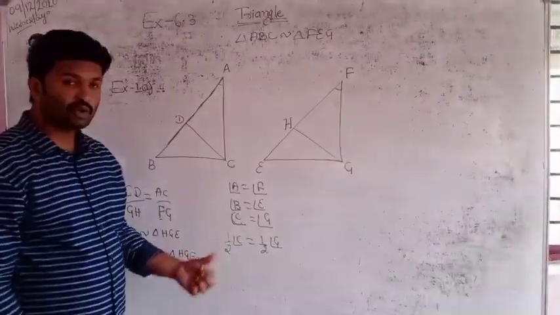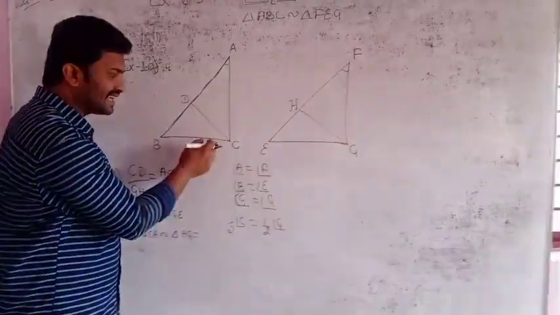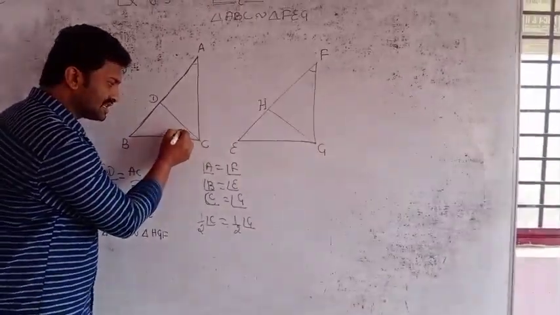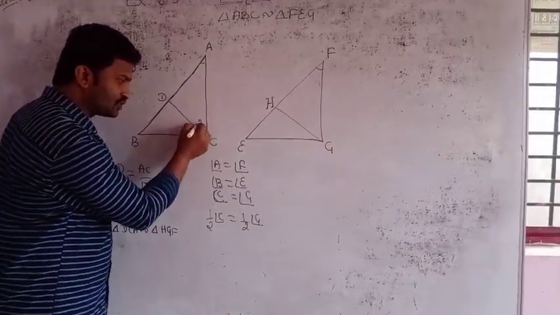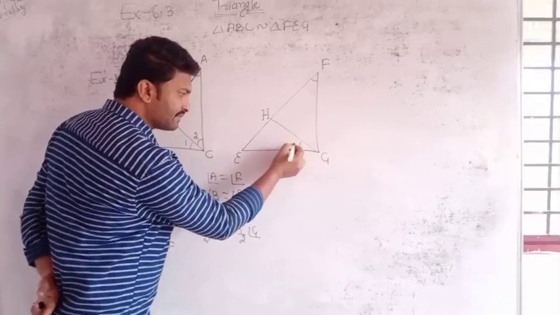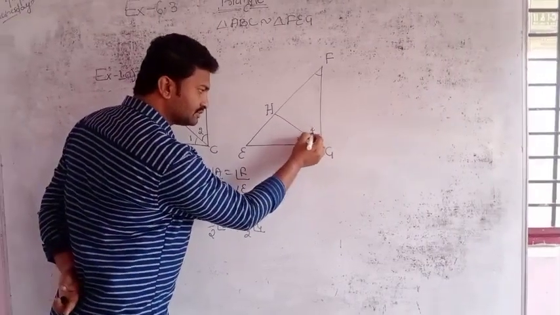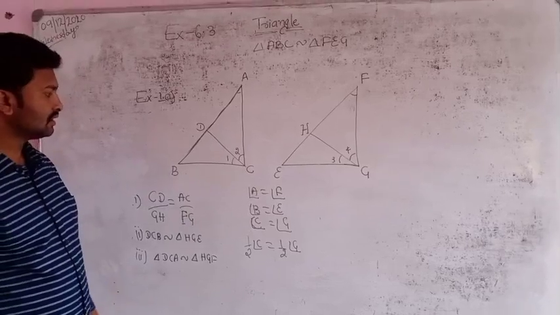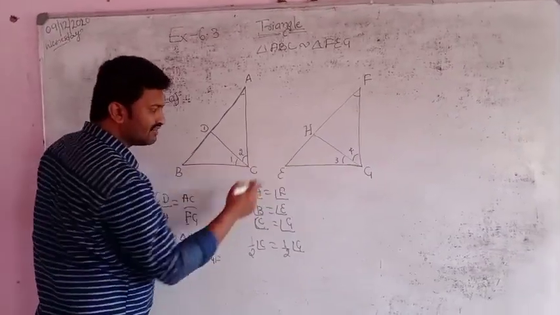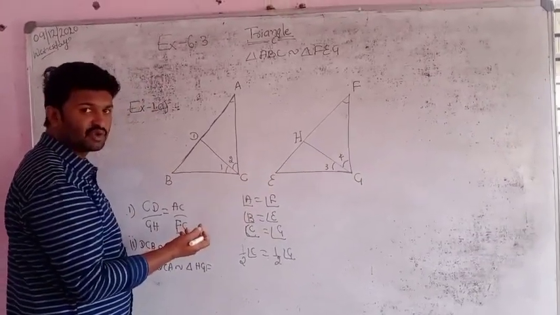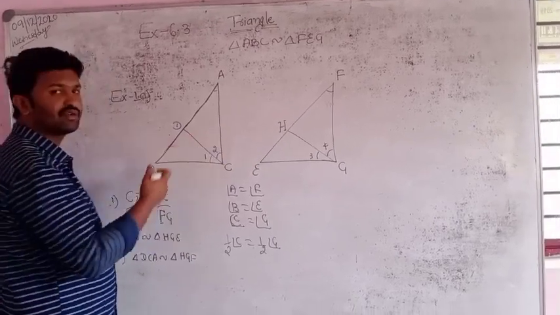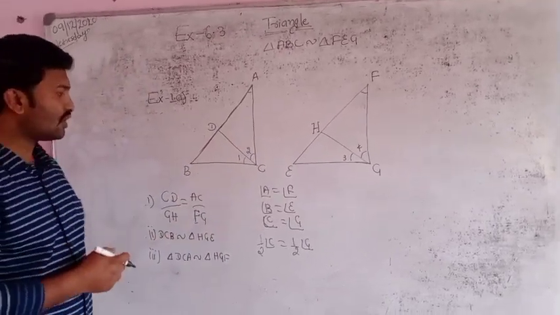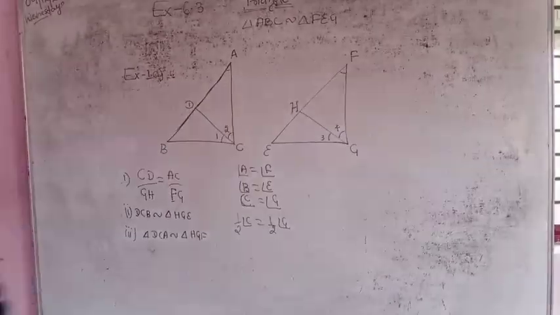And one more, CD acts like a bisector, so we'll call this angle 1, this angle 2, this 3, and this one 4. Next, angle 1 equals angle 3 we can write, yes or no? Or angle 1 equals angle 2 also we can write, with the help of the bisector CD.